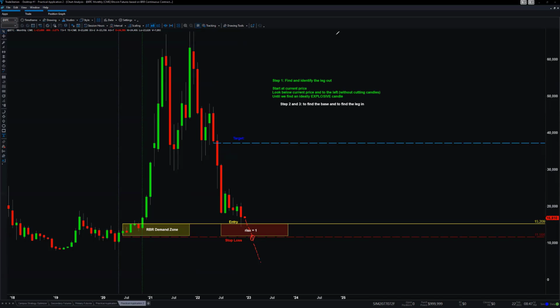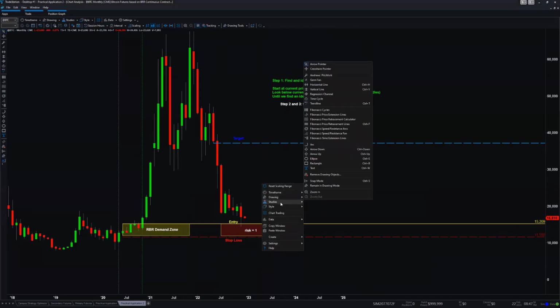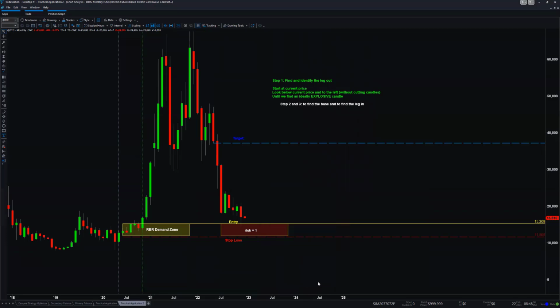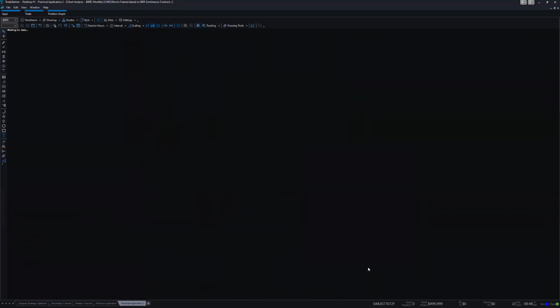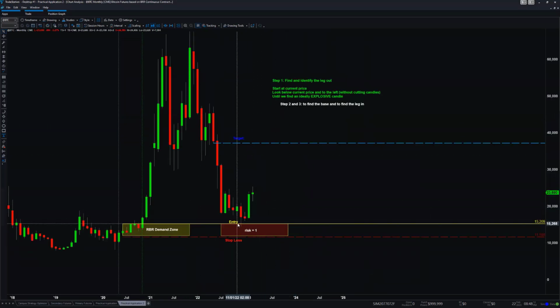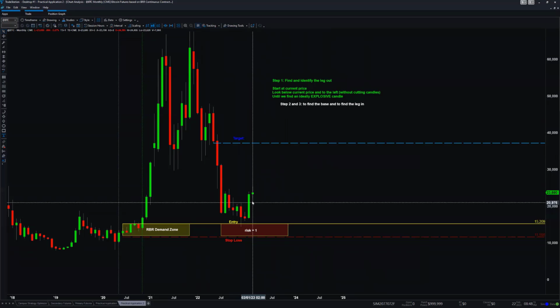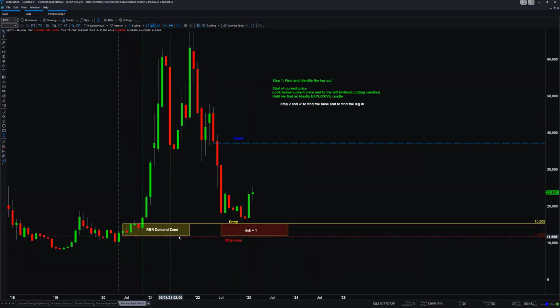Now, we move to today. And what we can see is that price is moving away from this monthly demand zone.